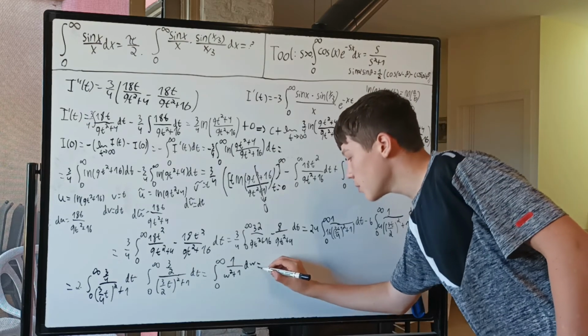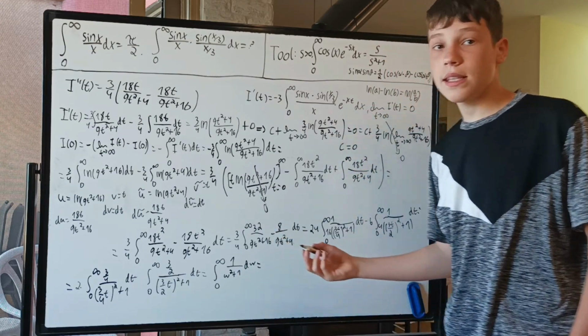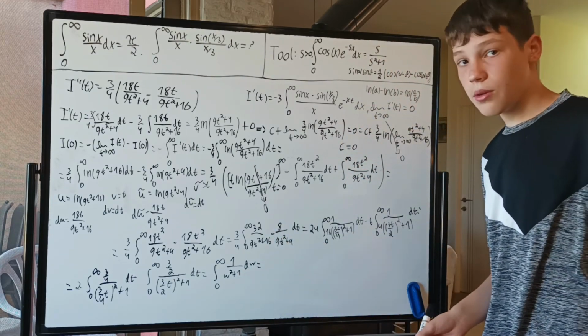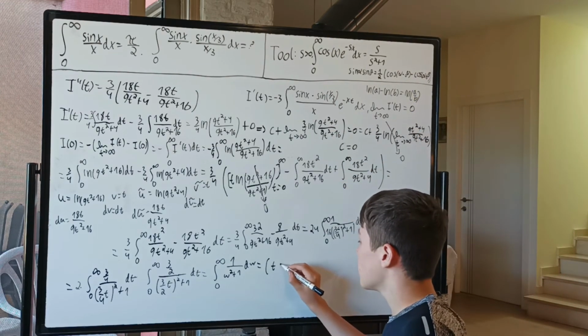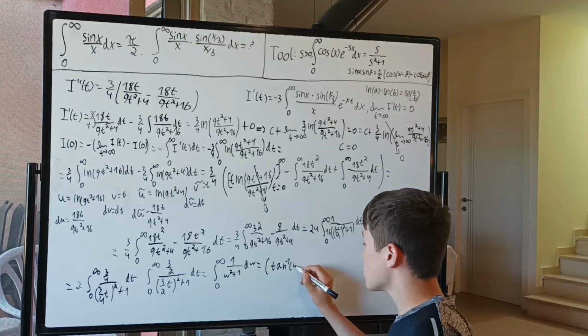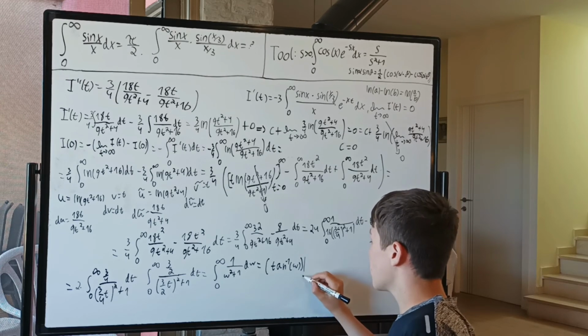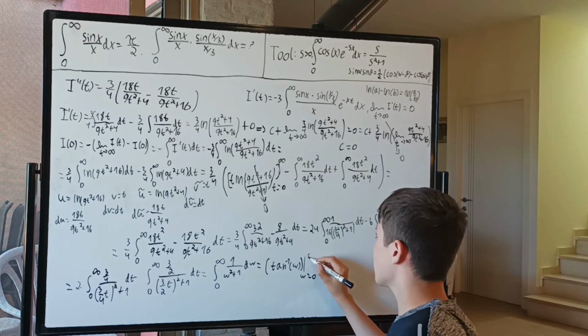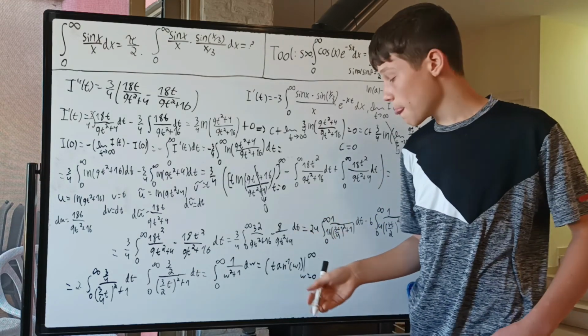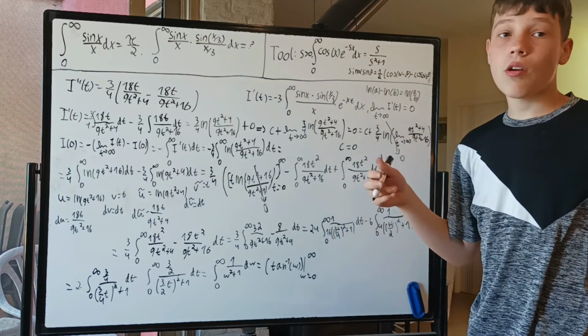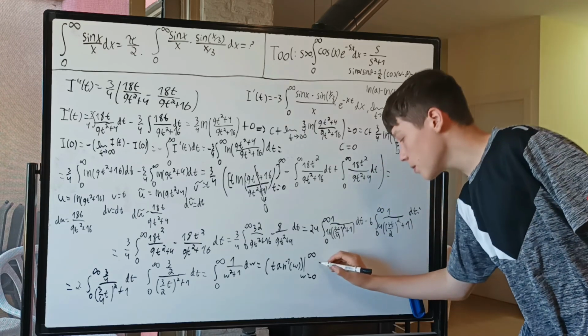Now this, we know the integral of. It's the arctangent of u. So here we'll have arctangent u going from 0 to infinity. At u equals 0, arctangent is 0. As u goes to infinity, arctangent approaches pi over 2.